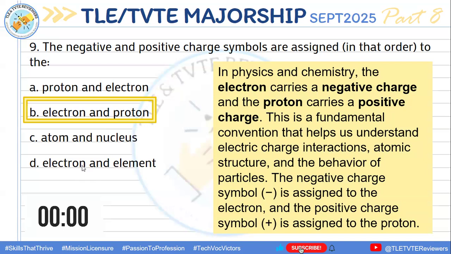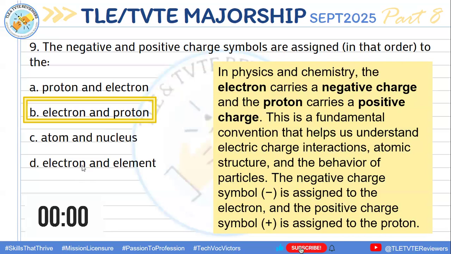For letter A, proton and electron, this is incorrect because the proton actually carries a positive charge, not a negative one. The question specifies the order of negative, then positive. So assigning the negative to the proton is wrong.